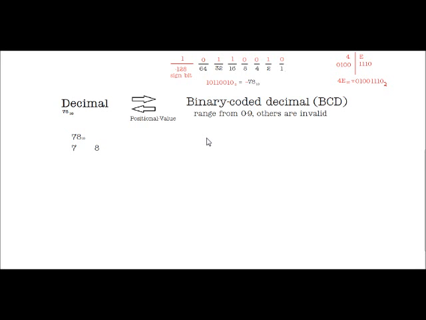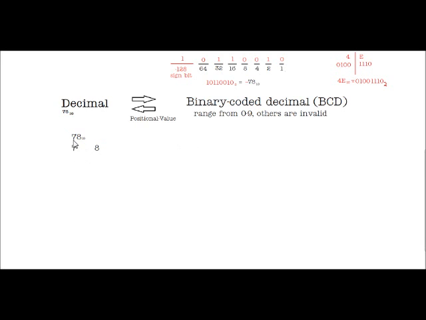Binary coded decimal does not represent the whole value of the decimal, but the individual digits. So for example, in this case 78 base 10, we do not try to find the value of 78 base 10 using the positional value method to get the binary value.